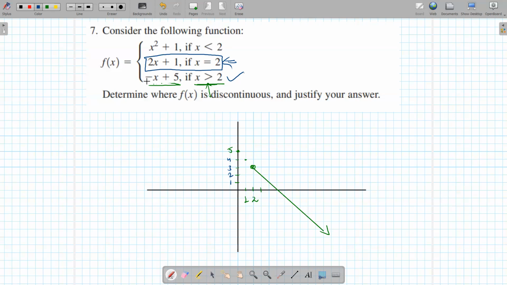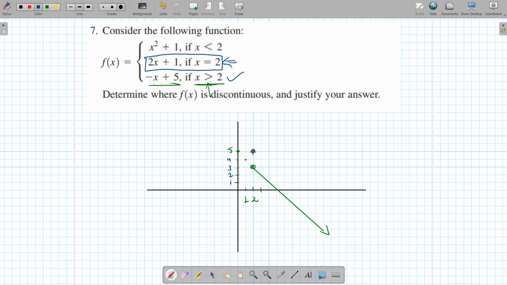Just plug in x as 2. It's 5. So when x is exactly 2, the y value is exactly 5. Is that a closed circle or an open circle? Closed circle, yeah. So when x is 2, y is exactly 5 with a closed circle.